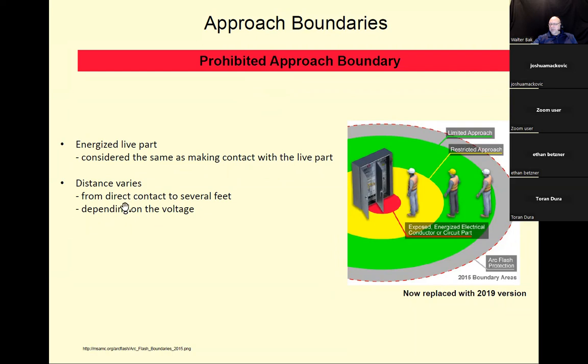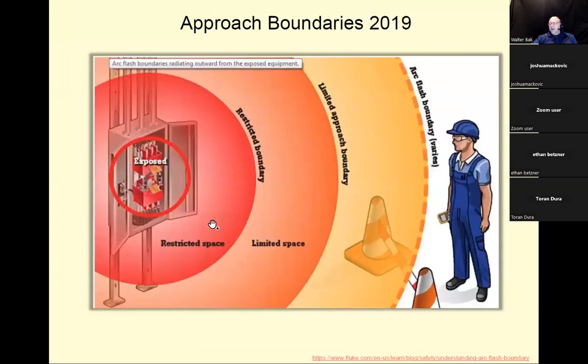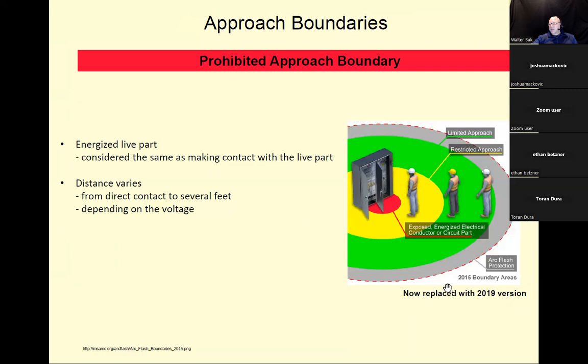Distance varies from direct contact to several feet, depending on the voltage and depending on the energy that can be delivered. All right, so that was the 2015 version. And I'm showing you that because sometimes you're going to hear people talking about it, and some of that might be mentioned. I just want you to have the knowledge that something like that existed just before 2019.